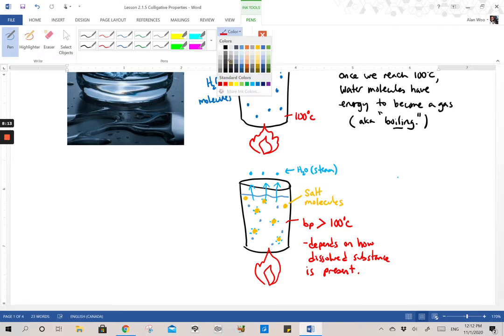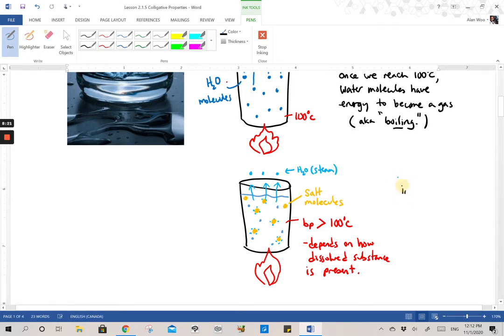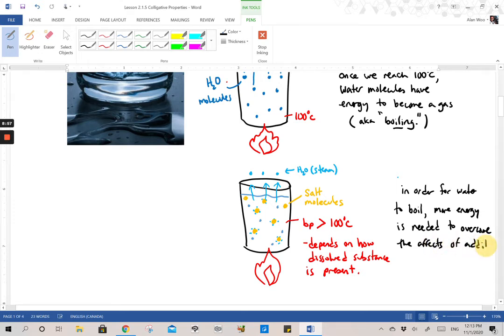Okay, so let's get some of this in writing first. In order for water to boil, more energy is needed to overcome the effects of adding a dissolved substance.